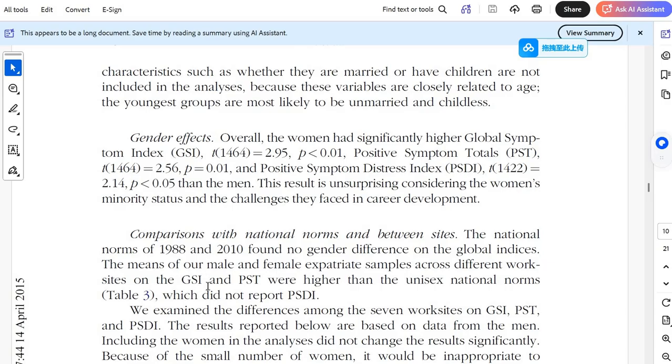Their overall scores on the 90 items were higher than the average of the national norm. And they have larger numbers of positive symptoms. Overall, they have more serious and a larger number of symptoms than the national average.